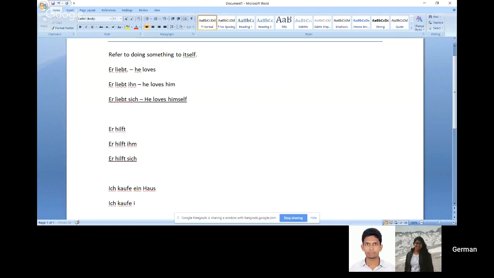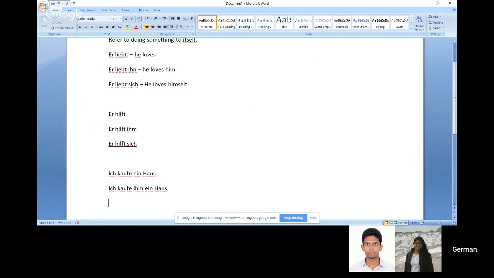Ich kaufe ihm ein Haus. Und ich kaufe mir ein Haus. I buy a house, I buy him a house, and I buy myself a house. Again, I'm doing something for myself, so the last sentence is a reflexive sentence.